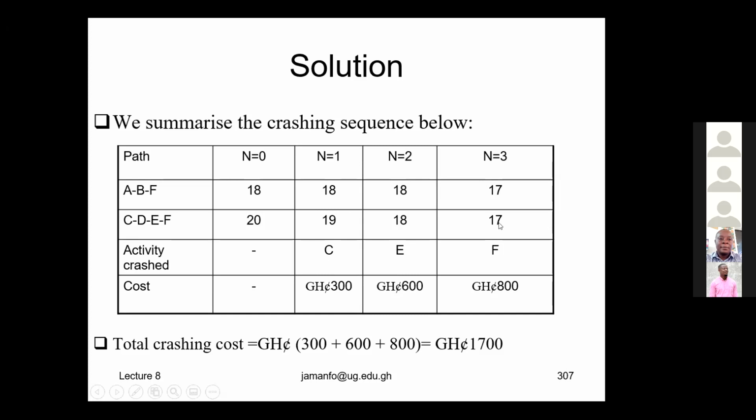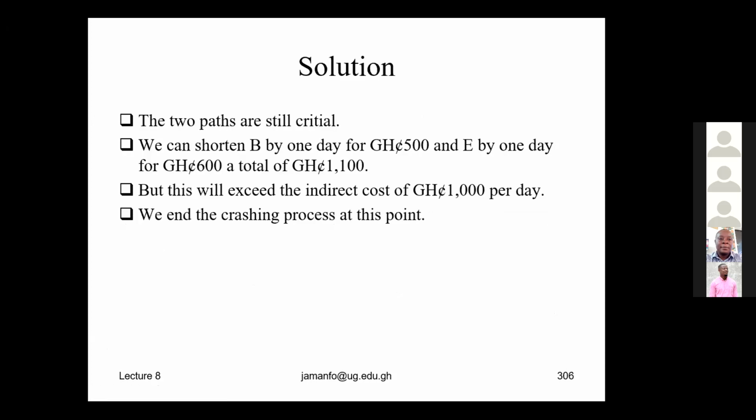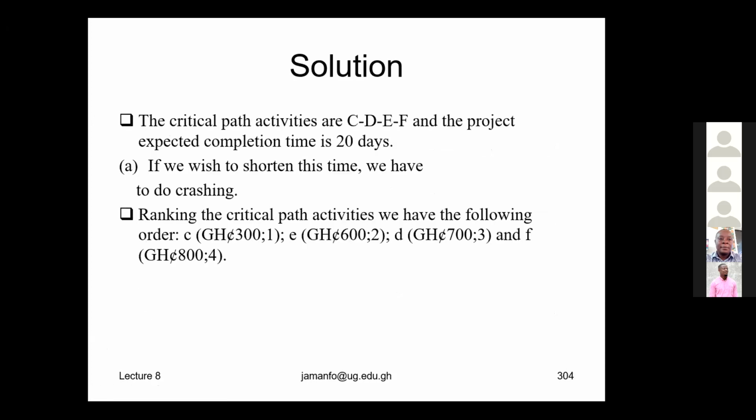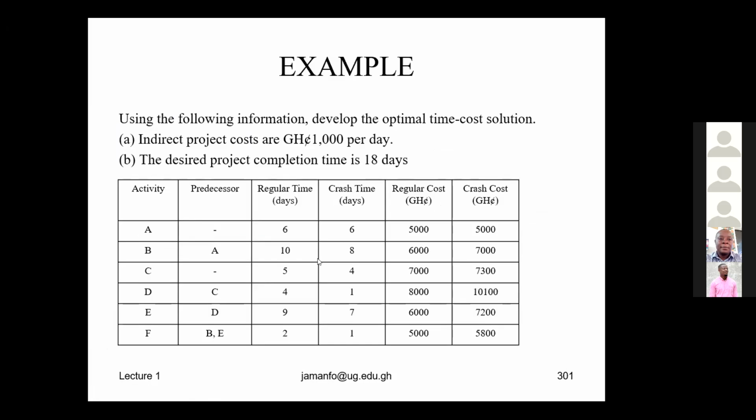We can go to the next level, assuming that the question did not specify that we need to finish the work in 18 days. Assuming the question says, by how many days can we crash this activity? No days are given.